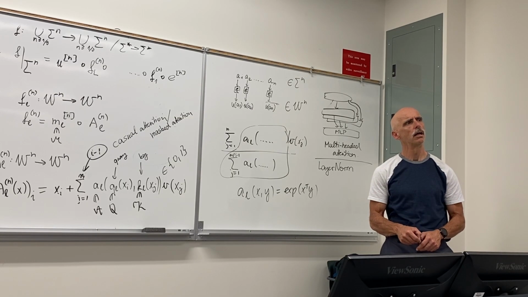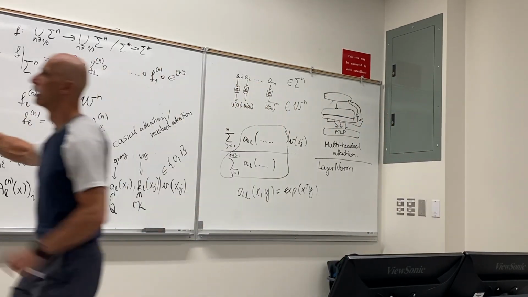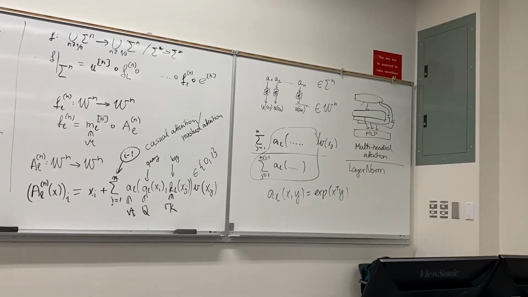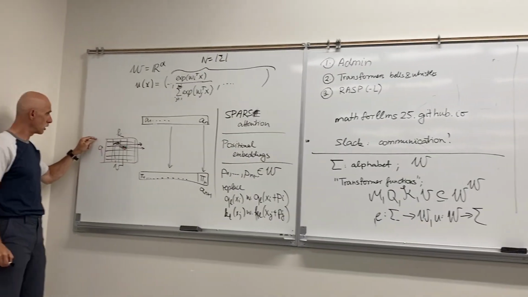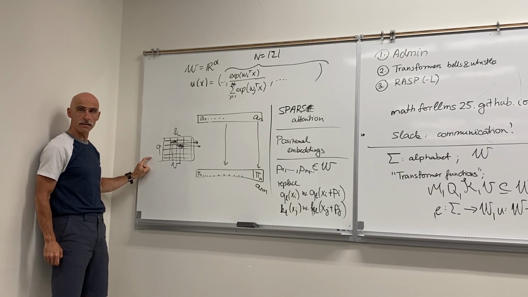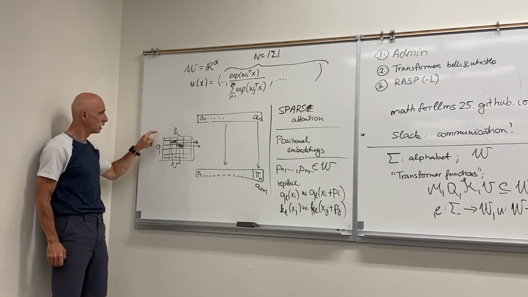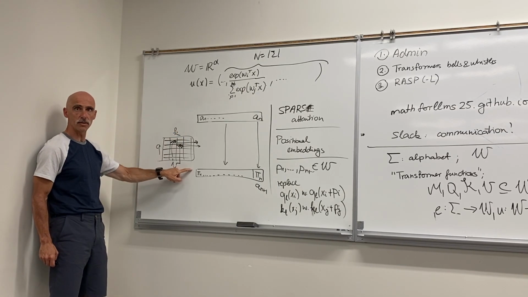If we are putting in multiple tokens, this is n by n. You calculate q's, this is n times d calculation. You calculate keys, this is n times d. Calculate v's, n times d.